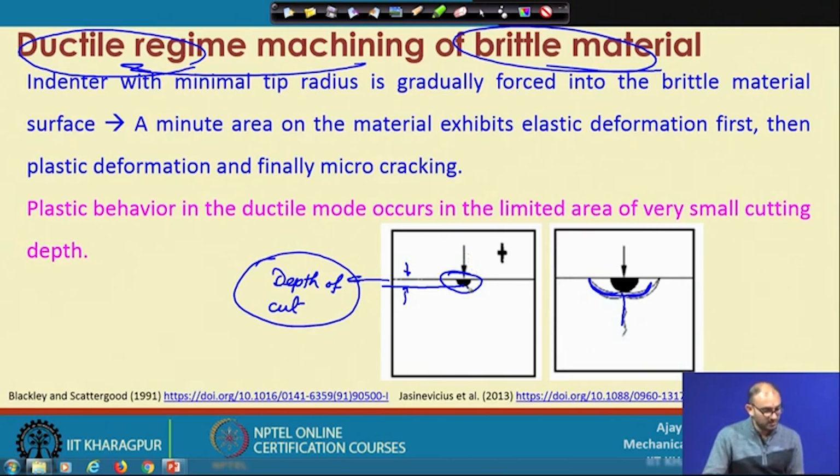So, let us see how this can be done in diamond turning. Our focus is on the depth of cut now, because we know that if you maintain your depth of cut less than or equal to this particular phenomenon, which also depends on the material and the type of indenter, then you can actually cut a brittle material in a ductile mode.